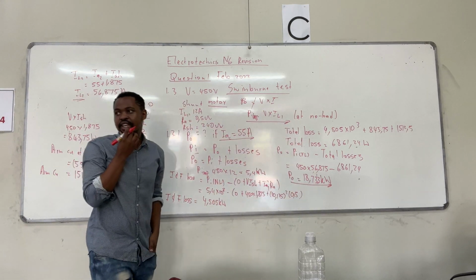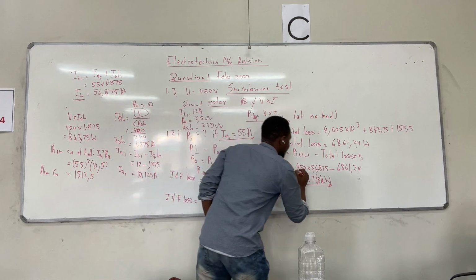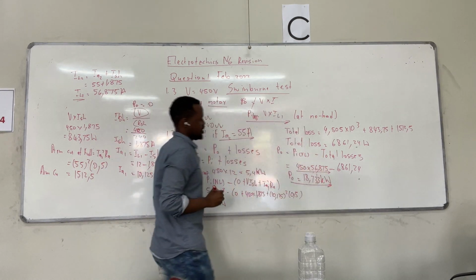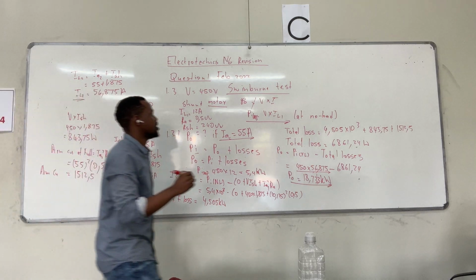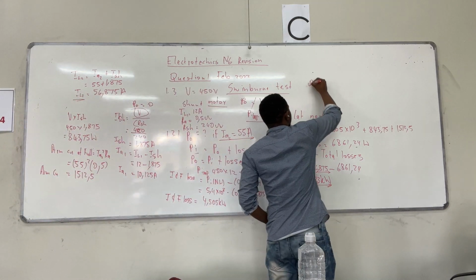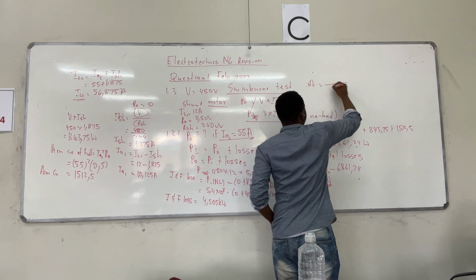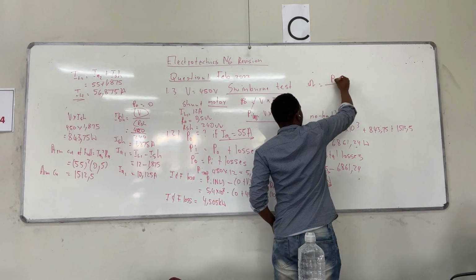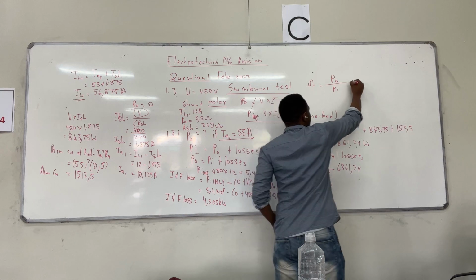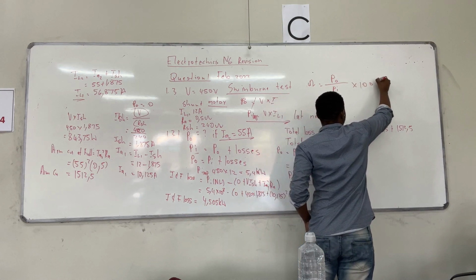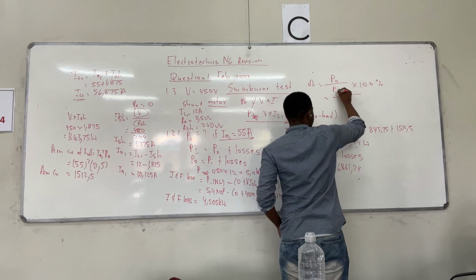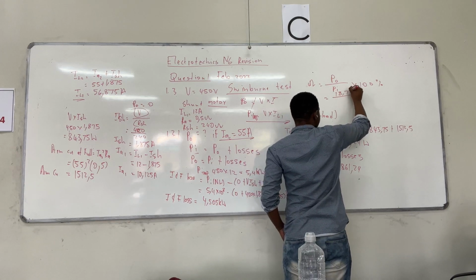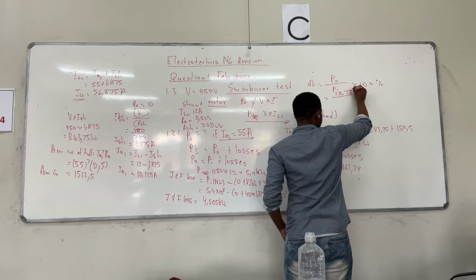So output power at 55 amps, then input power. We have input and output, so you can simply calculate efficiency using the standard formula: power out over power in times 100. Power out is 18.733 kilowatts.